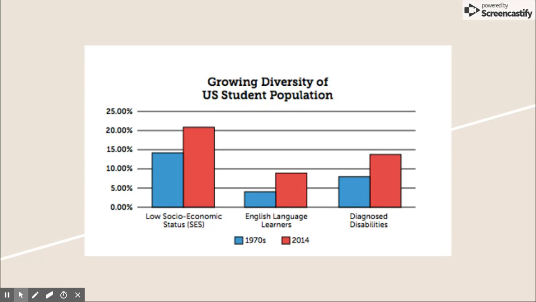So this graph here shows the growing diversity of the U.S. student population. And so it talks about low socioeconomic status, English language learners, and also students with disabilities. And we can see that from the 1970s to 2014, it's grown drastically, and it's even grown since then.